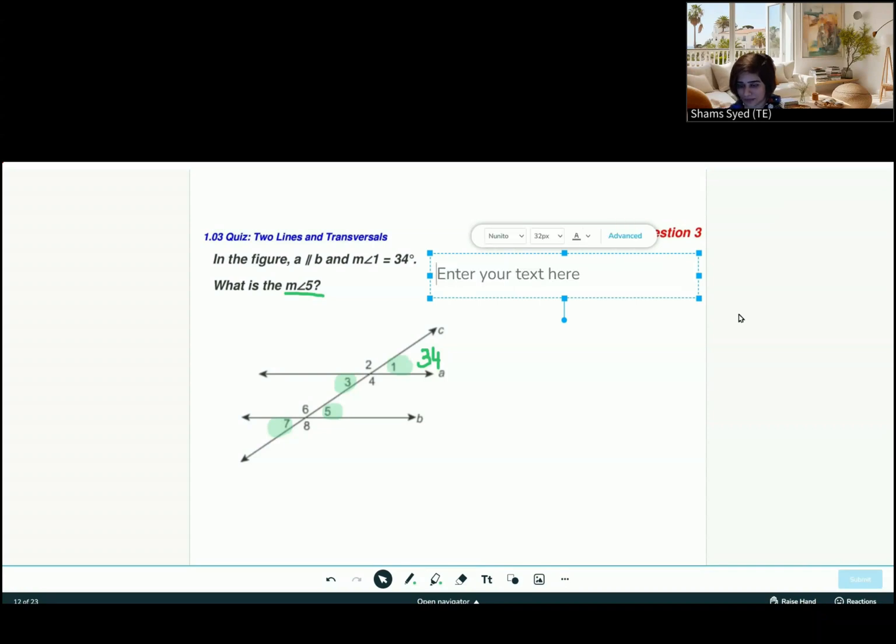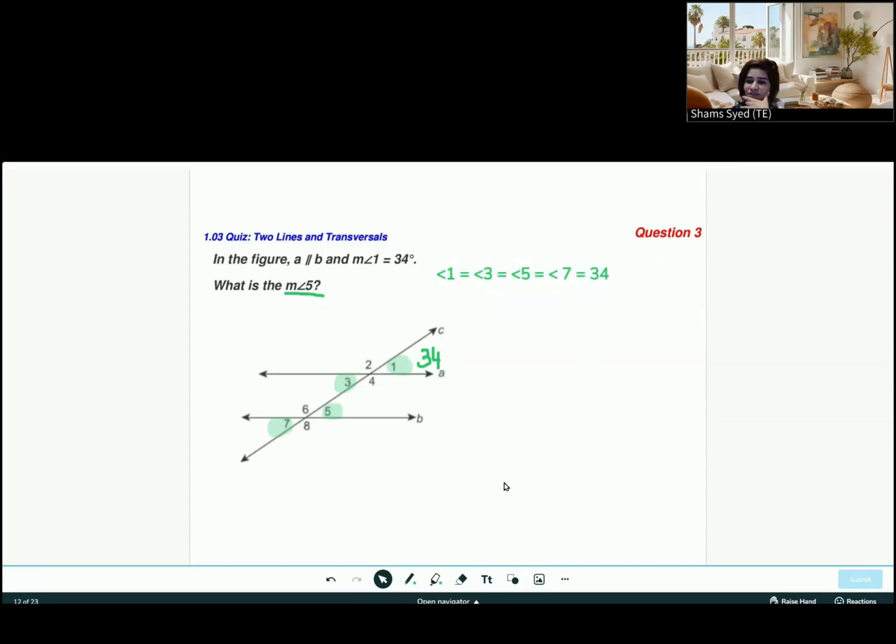Angle 1 equals angle 3, and angle 5 also equals angle 7. They're all the same measure. All of these angles are 34. That's what the question wants you to find.